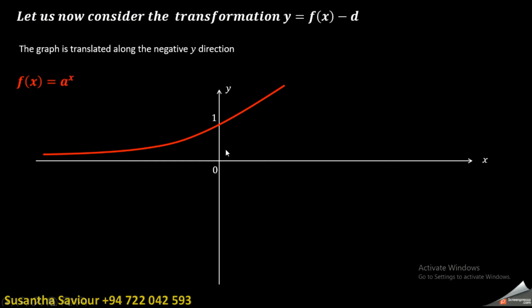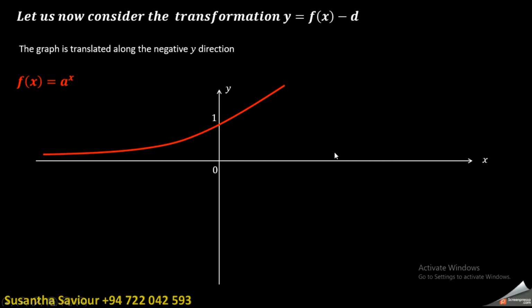When x is equal to 0, this is 1. When x takes positive infinity, it will go to infinity like this. This is the graph, and the x-axis will act as an asymptote.